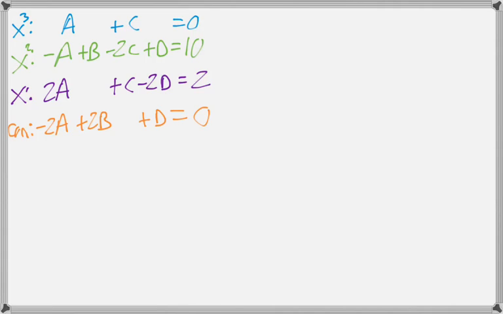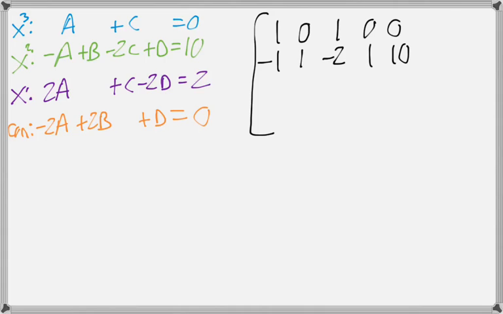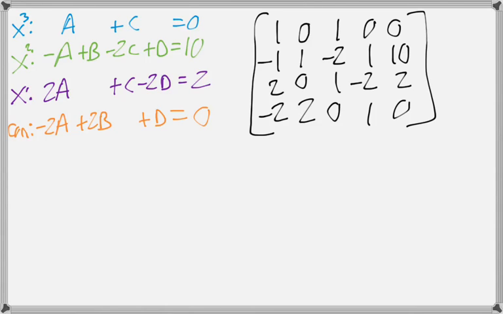So this is a bigger matrix. So this will be a 4 by 5 matrix.